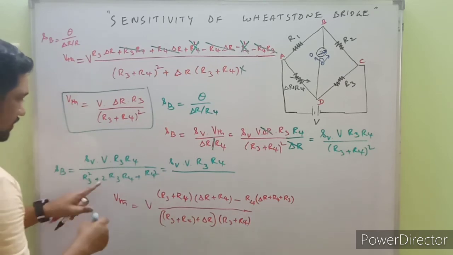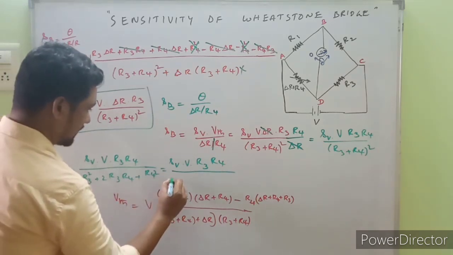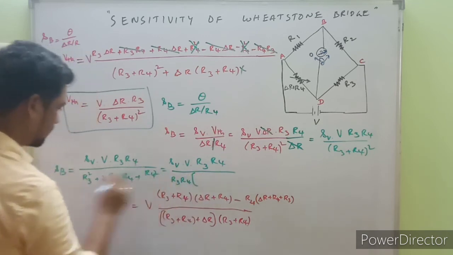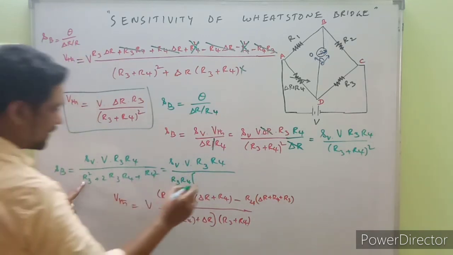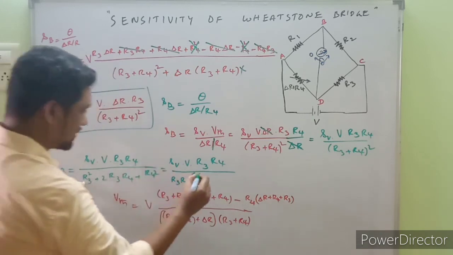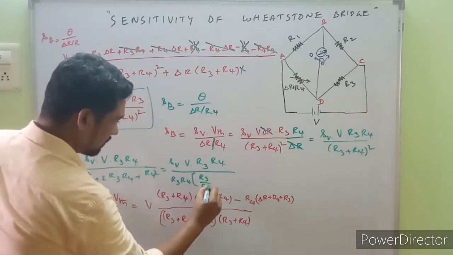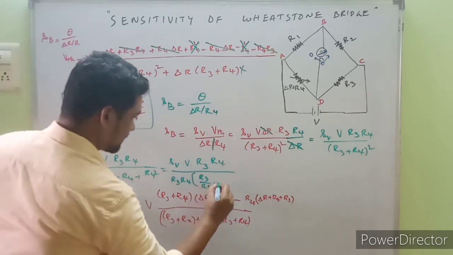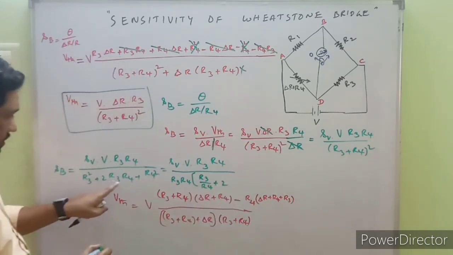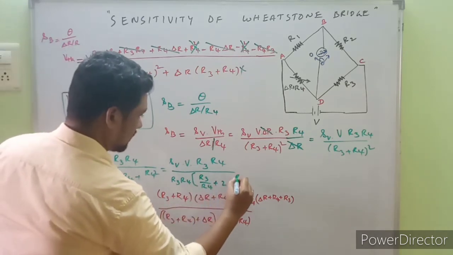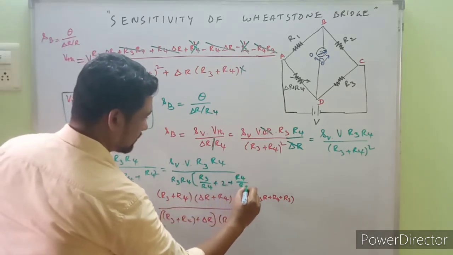If R3 R4 is taken out as common from all the terms, we'll be left with R3 by R4 plus 2 plus R4 by R3.